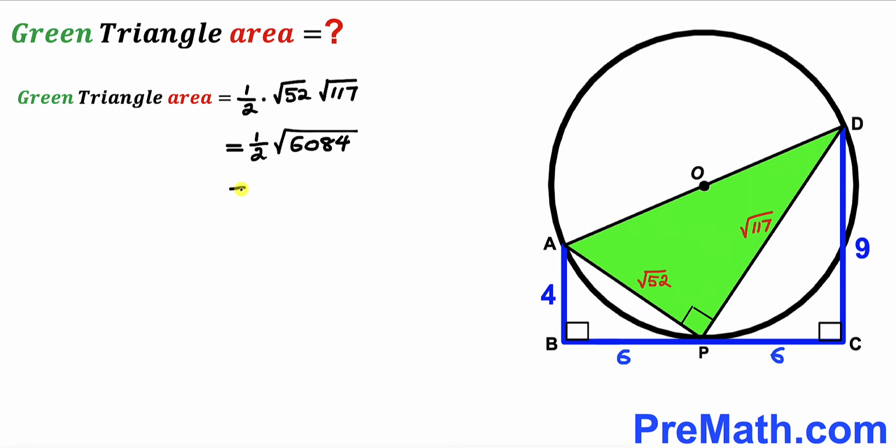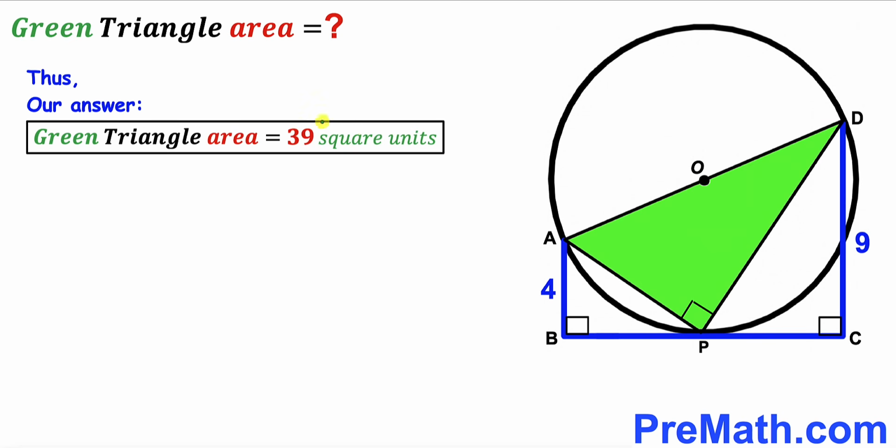So we can write 1 divided by 2 times 78. That is going to give us 39 square units, the area of this green shaded triangle APD. So thus, after all the calculations and manipulations, the area of this green shaded triangle turns out to be 39 square units. That's our final answer.